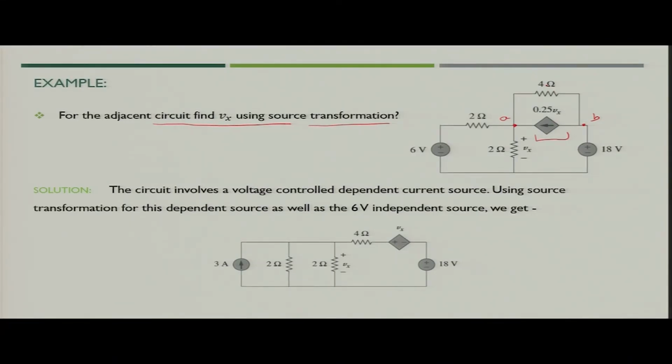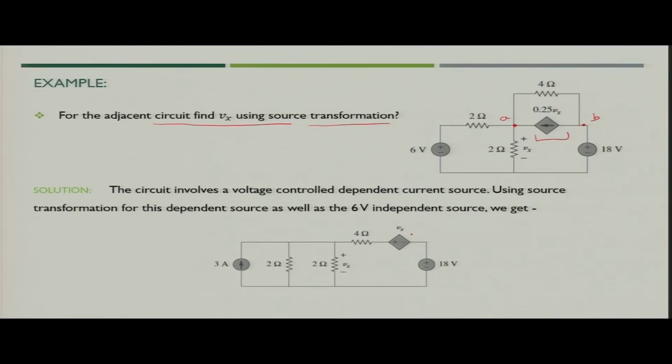So, this can be converted into an equivalent voltage source Vx in series with 4 ohm resistance, because Vs is nothing but Is into R. So, if you multiply, you will get Vx as a voltage source in series with 4 ohm resistance, and we have to find out Vx across the 2 ohm resistance.